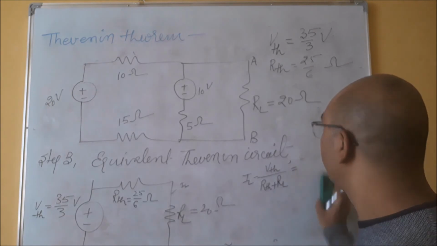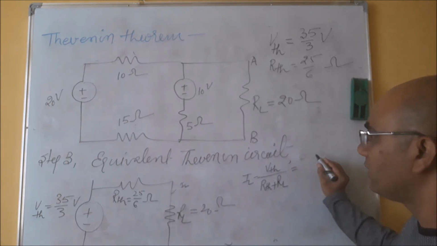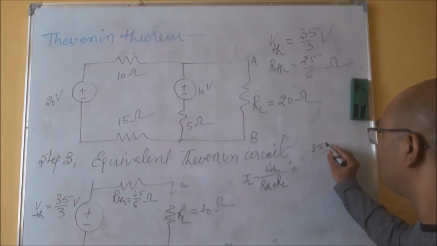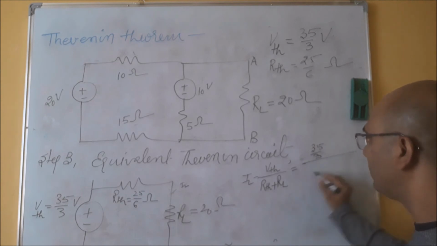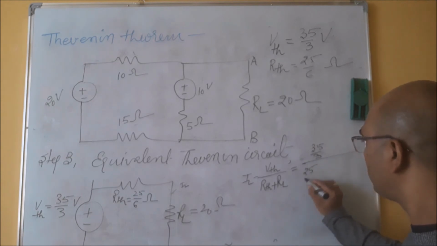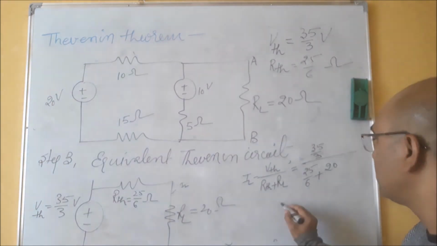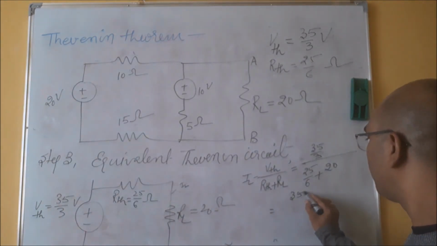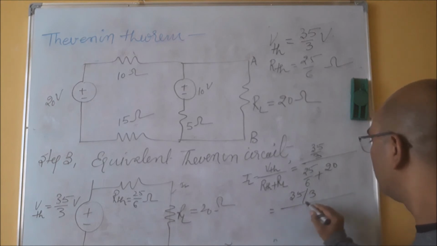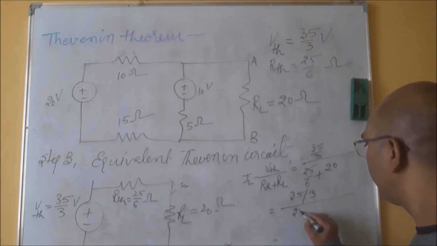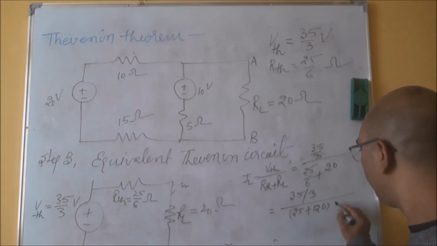Now substitute: 35 upon 3 divided by 25 upon 6 plus 20. Solve this: 25 plus 120 upon 6.